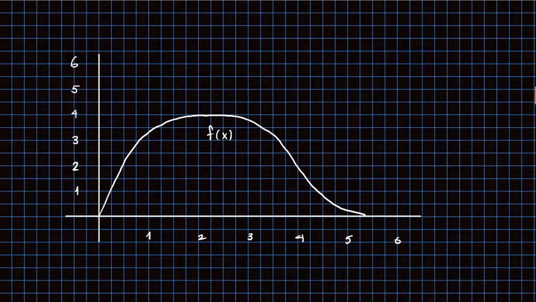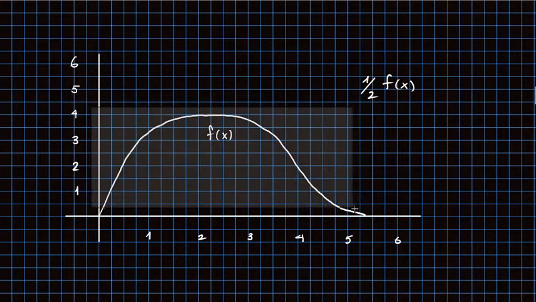In this example, I have f of x, and I want to multiply each value by a number less than 1, say 1/2. This is going to take the y values and make them 1/2 what they used to be. So a value of f of x equals 4 becomes f of x equals 2, and a value of 0 still stays 0.